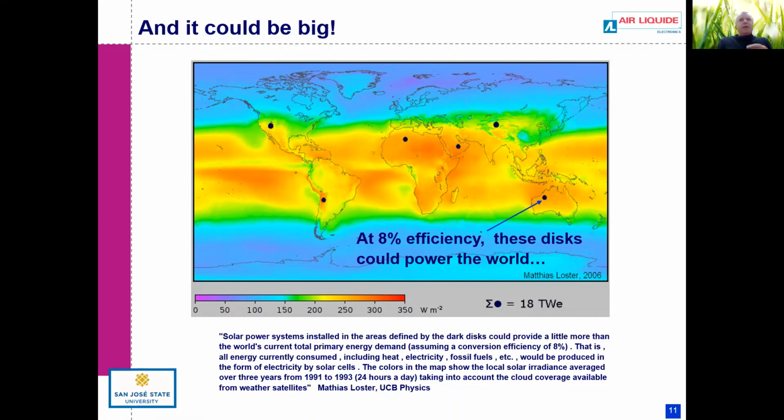But I'm not really sure. I mean, this also assumes that there's an enormous amount of battery backup, something we haven't seen so far, because obviously you need to store the excess power during the day and discharge it at night. So there's a fair number of assumptions here.